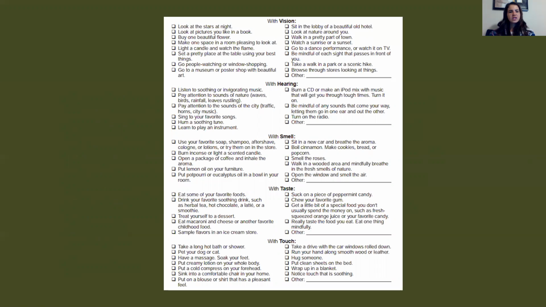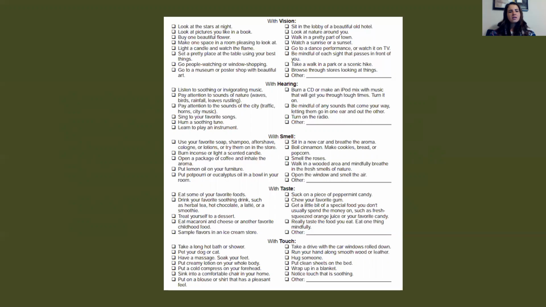For something like vision, maybe it's stargazing at night, or creating a space in your house that's just really visually appealing and really relaxing. Maybe that involves lighting a candle, walking in a pretty part of your town, or going outside and looking at nature, like if it's the fall time, going and looking at beautiful leaves, or if it's the spring, what flowers are blooming.